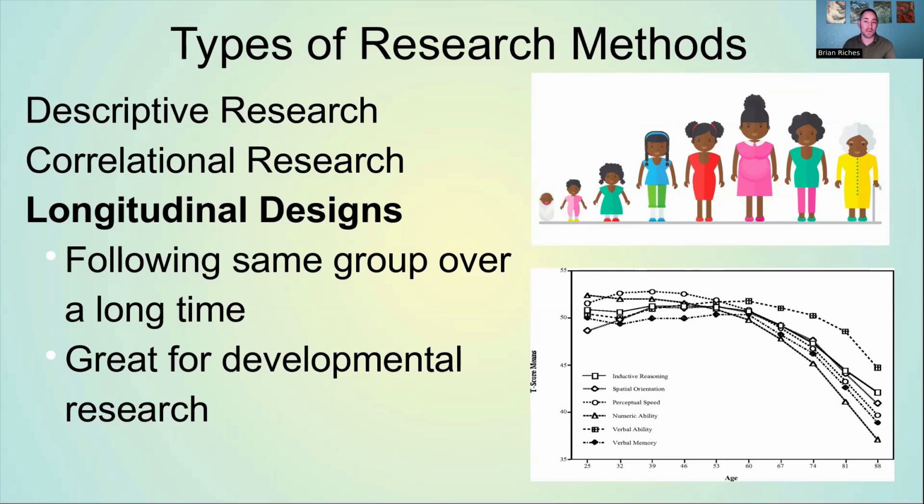And it's really fantastic for developmental research. We can track how does memory work when a person is 1 versus 100. We can follow them longitudinally. So this graph here is actually looking at cognitive capacities of people at their different ages. So it's looking at inductive, hopefully the video capture is getting this. This is inductive reasoning, spatial orientation, perceptual speed, numeric ability, verbal memory.